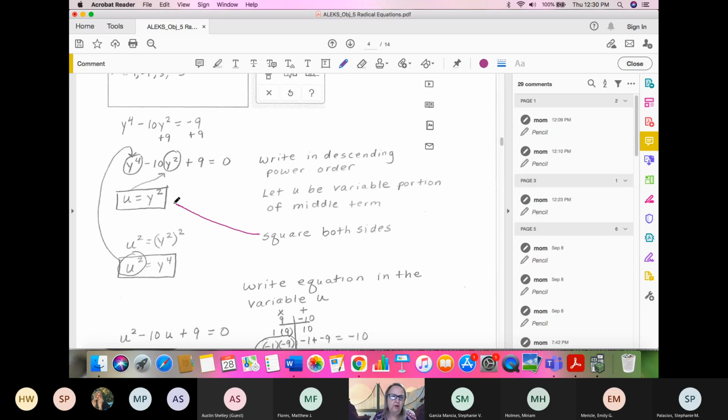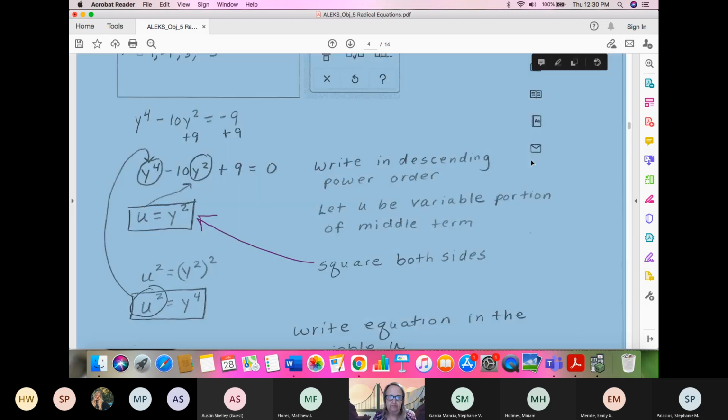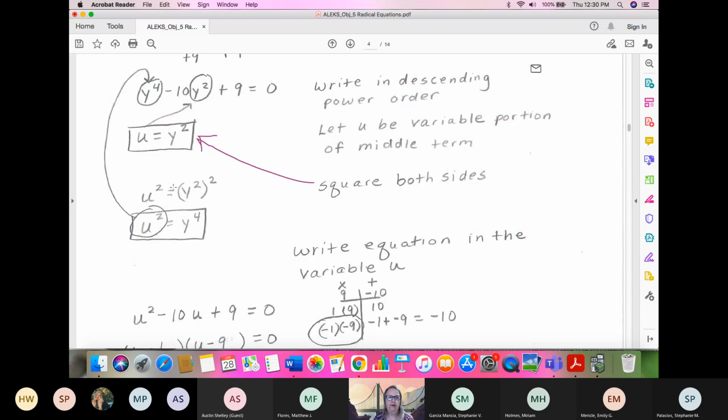You want to square both sides of this, just to be really clear. So if we square u, we're going to get u squared. And we also wrote it up here as well.